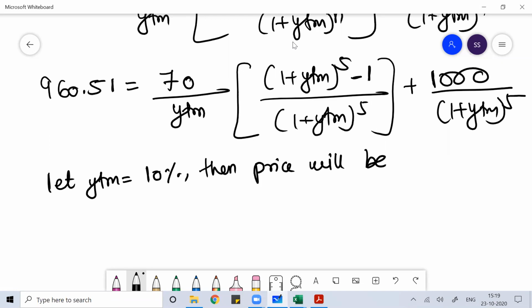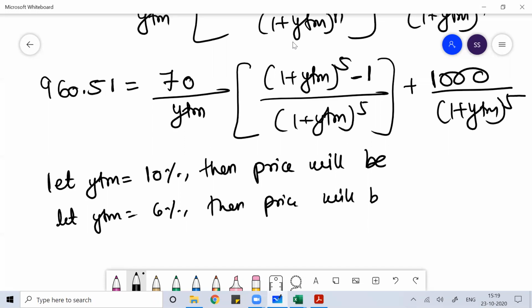I'll take some value of YTM, say 6%, and then I'll find the price. The purpose is to find one price which is bigger than 960.51 and one price which is lesser than 960.51.